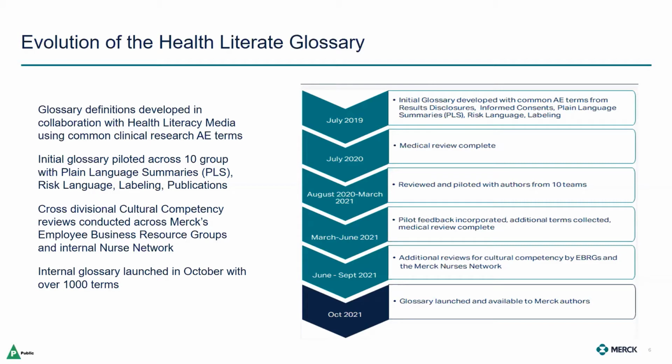The glossary was piloted across 10 groups, and feedback was, of course, collected. And just recently, we did a cultural competency review through the Employee Business Resource Group and the Merck Nurses Network. And the glossary was launched in October in celebration of Health Literacy Month. Next slide.